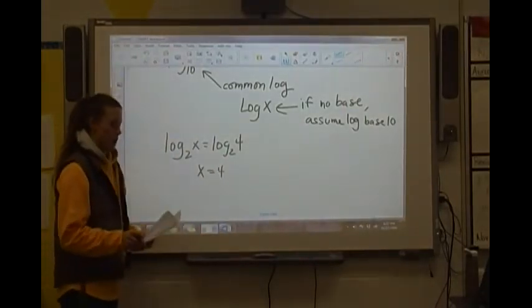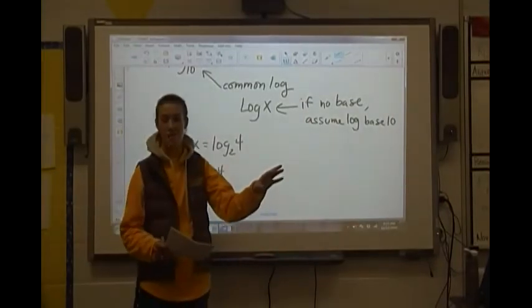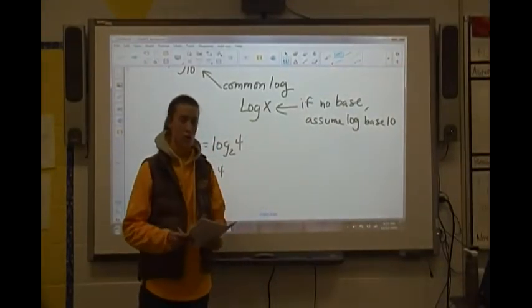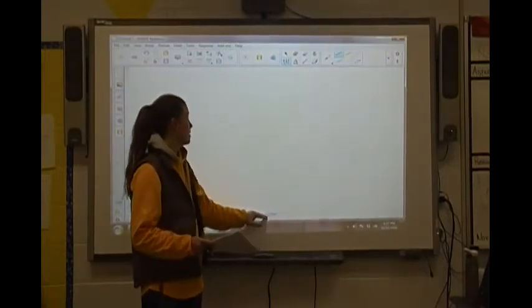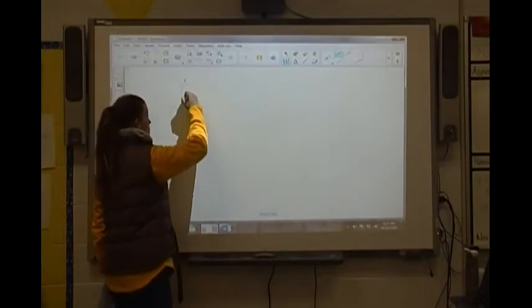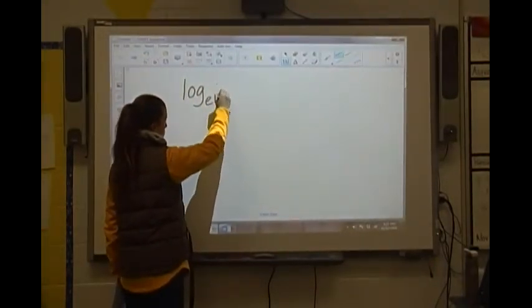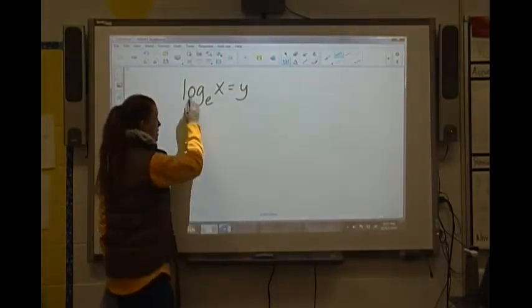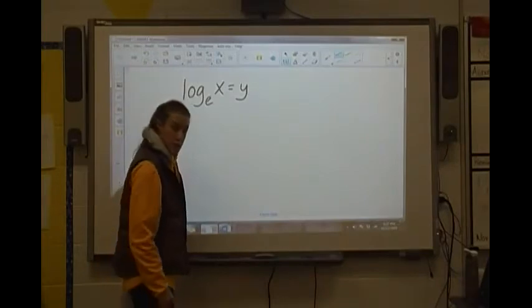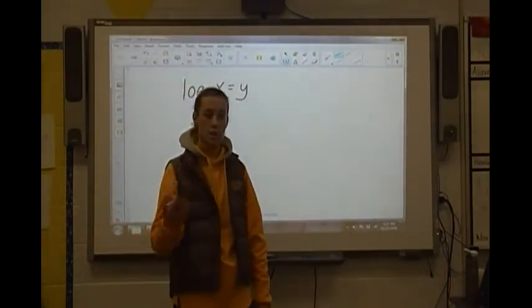All right, we're going to take a look at natural log. And natural log works exactly the same as regular log. So the properties are the same. The only difference is that natural log has a base of e, so let's just say e to the x equals y right now. And instead of writing log base e, because e can be confused as a variable, e is a number.